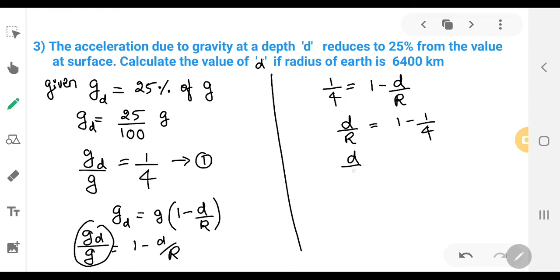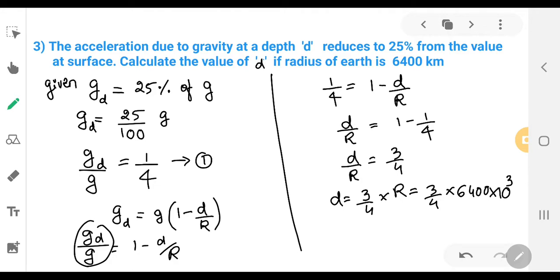So d by r is equal to 3 by 4, or the d value is 3 divided by 4 into the r value, which is equal to 3 divided by 4 into 6400 into 10 to the power 3, because the value is in kilometers and we have to substitute in meters.